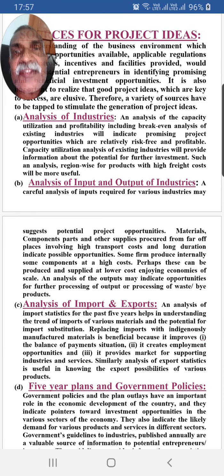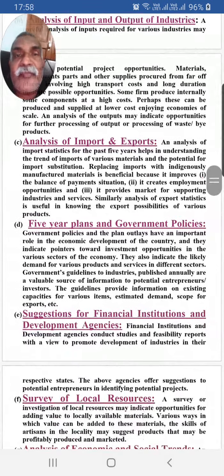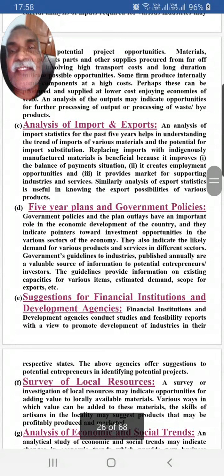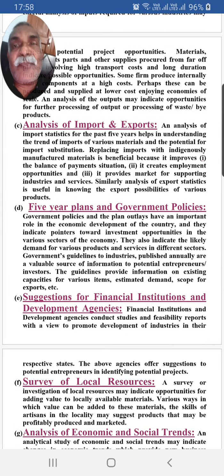Now, analysis of imports and exports also. An analysis of import statistics for the past 5 years helps in understanding the trend of import of various materials and the potential for import substitution.